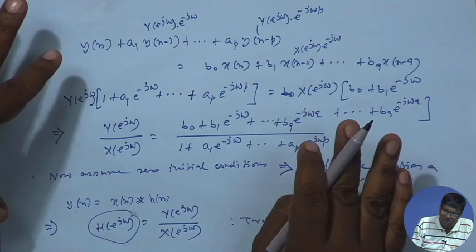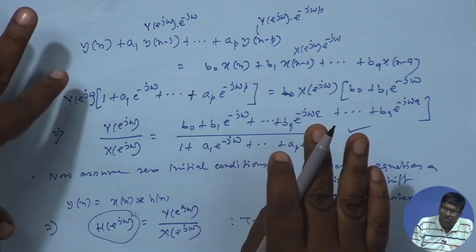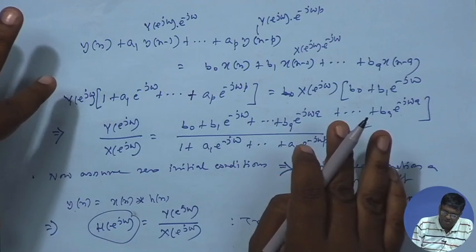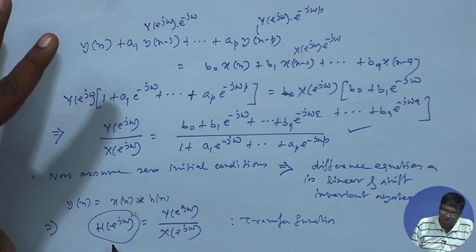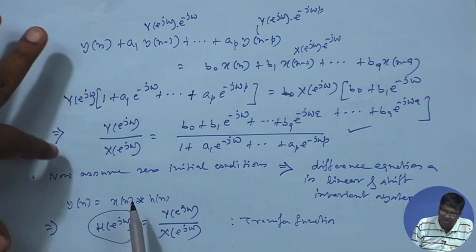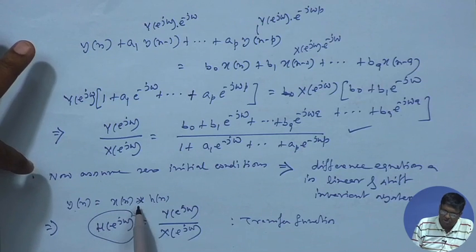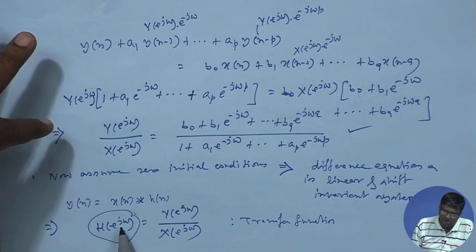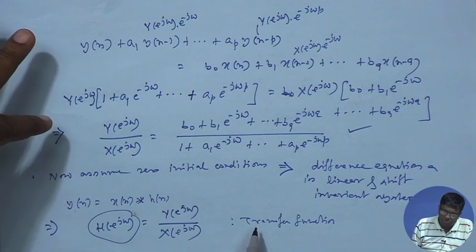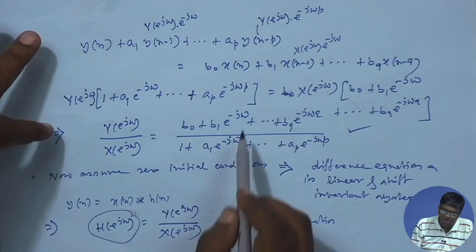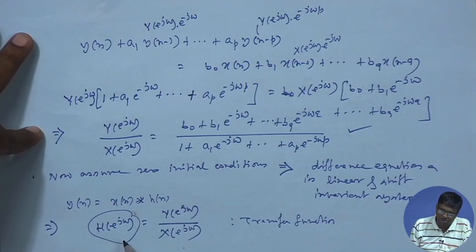But if we have 0 initial condition, then it is linear and shift invariant. In that case, this ratio is the transfer function, because the output y n can also be written as x n convolved with h n, and the DTFT of h n is called the transfer function, which is this ratio.